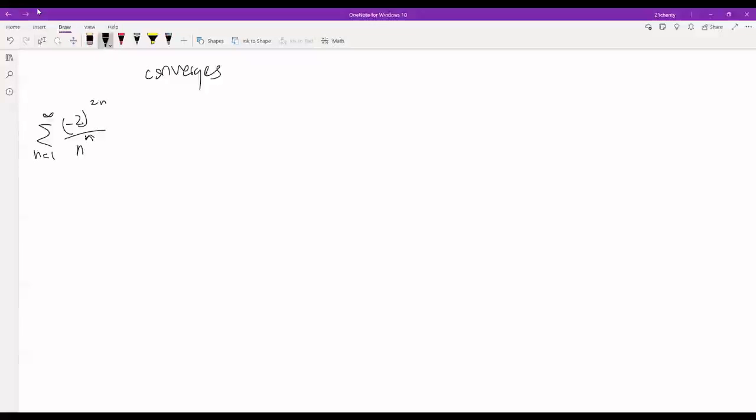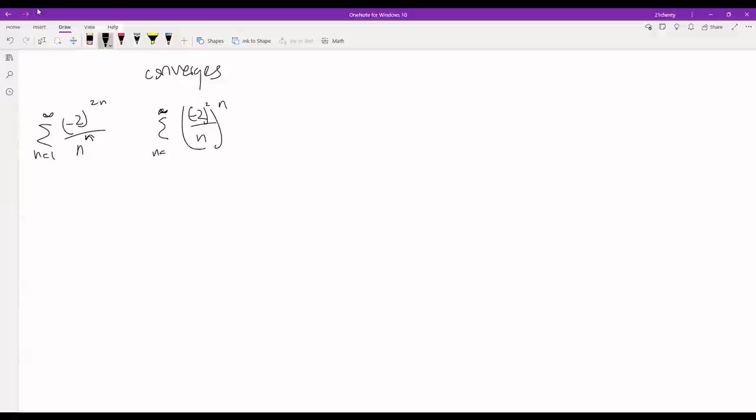First off, I'll take out the n in the exponent and make this (-2 squared) over n, all to the n.